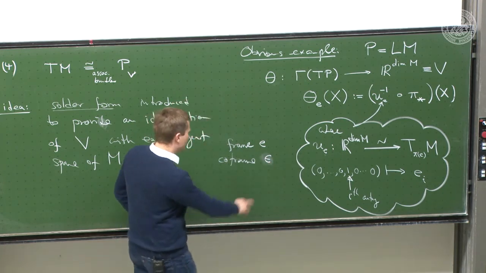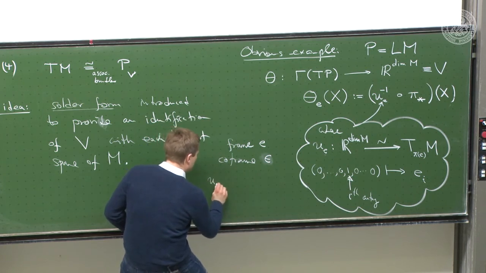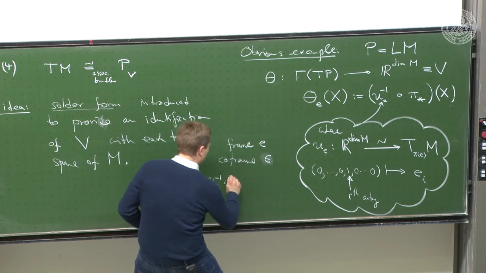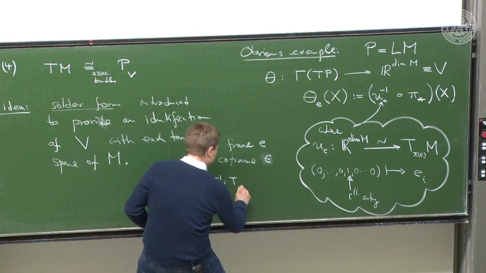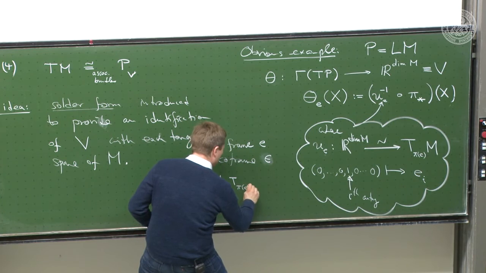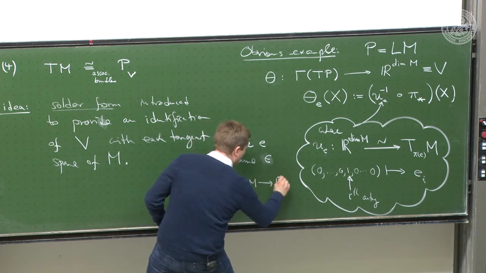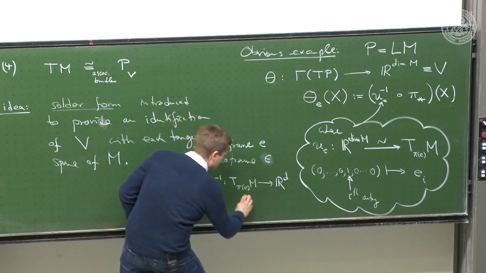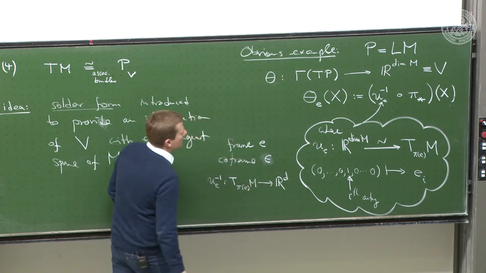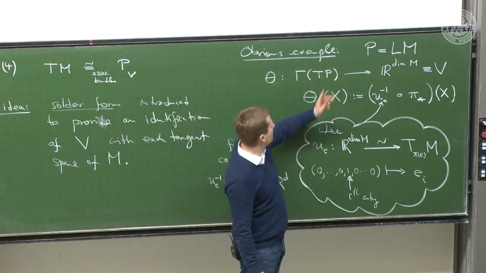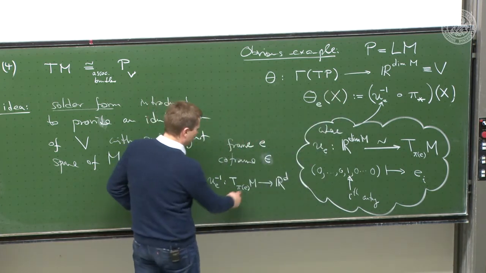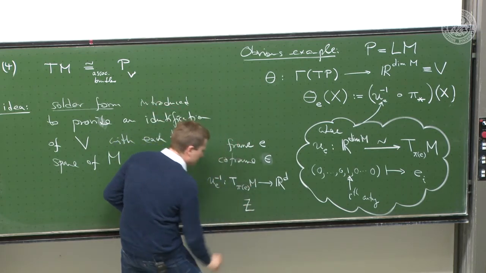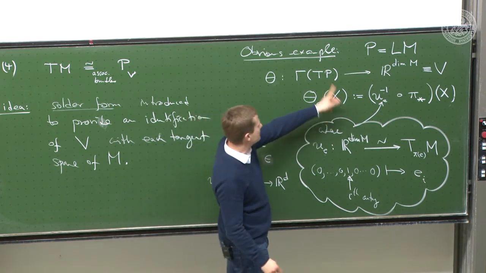And in fact, you'll see that the U_E inverse that is being used here is then, of course, a map from T at pi of E M to R^D. Well, what is that? It takes an arbitrary vector. X is our vector on the principal bundle total space. This is supposed now to be a vector down there. Let's call it Z. So Z is a tangent vector to M, whereas X is a tangent vector to P.